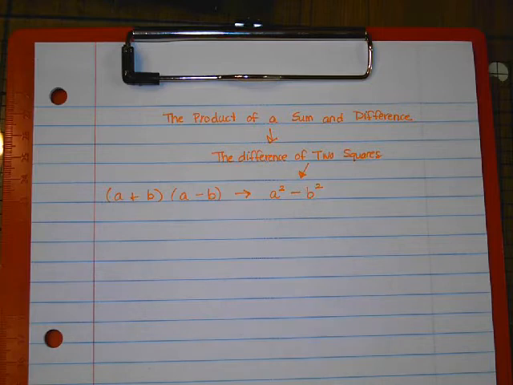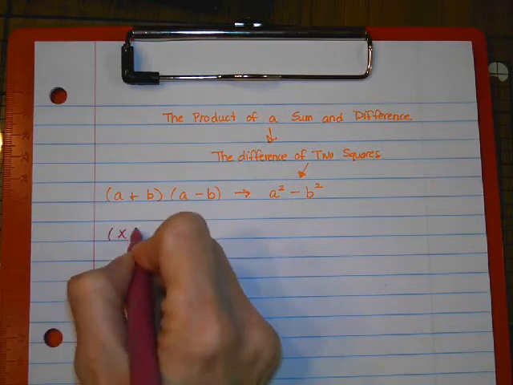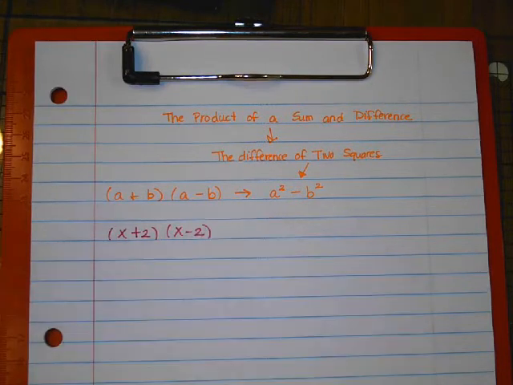Now we'll show it with values instead of just letters. We're going to start simple: x plus 2 times x minus 2. We'll show you the long way and then the short way.